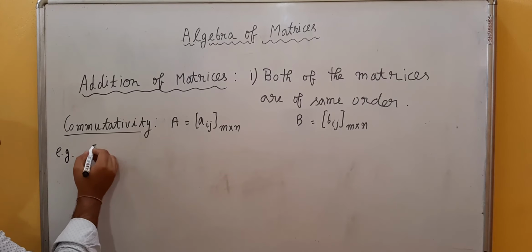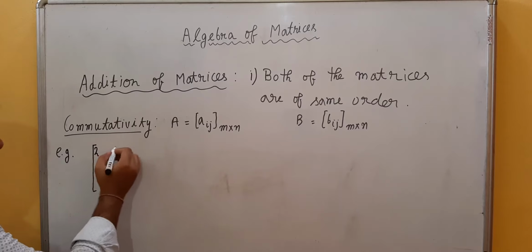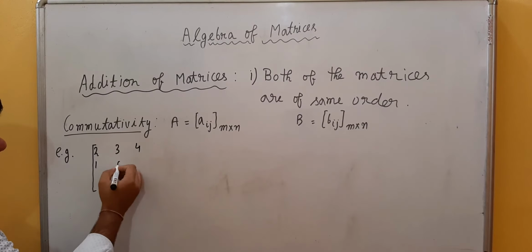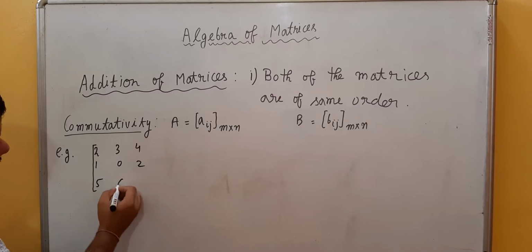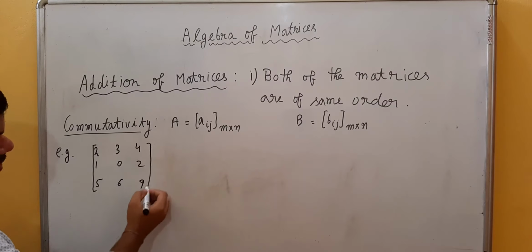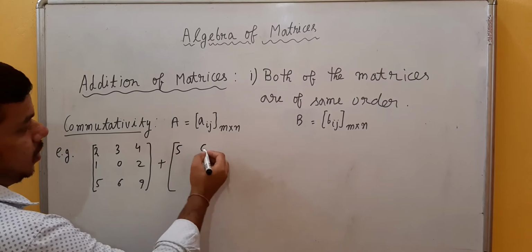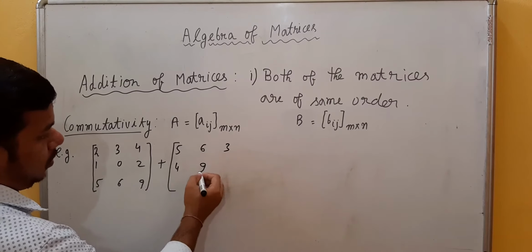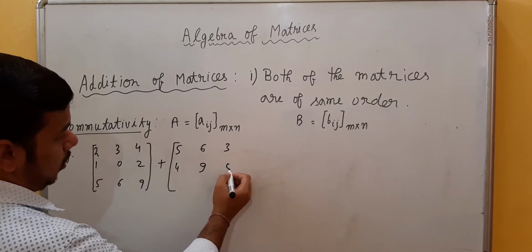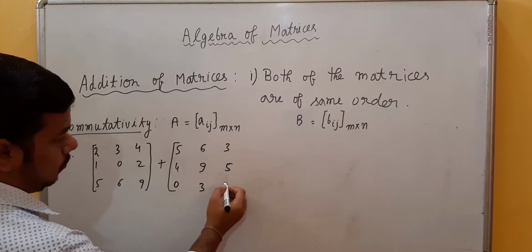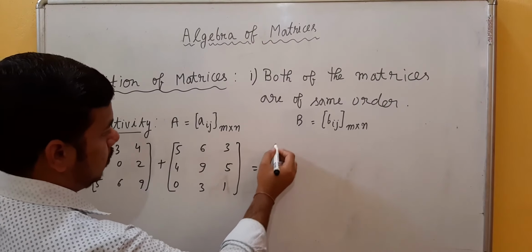Suppose I have two matrices 2, 3, 4, 1, 0, 2, 5, 6, 9, and another matrix 5, 6, 3, 4, 9, 5, 0, 3, 1. Now let us add.